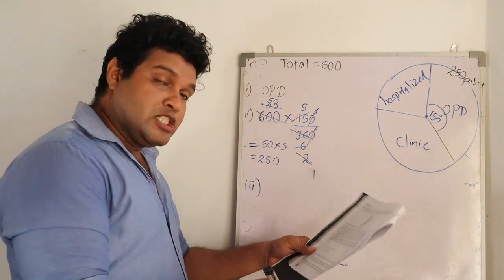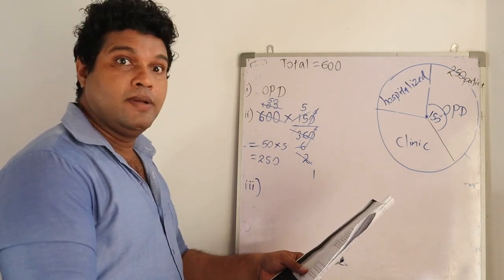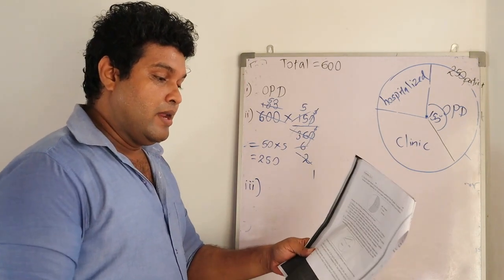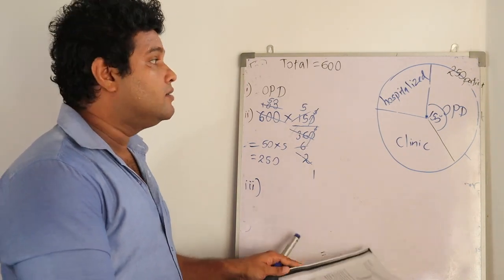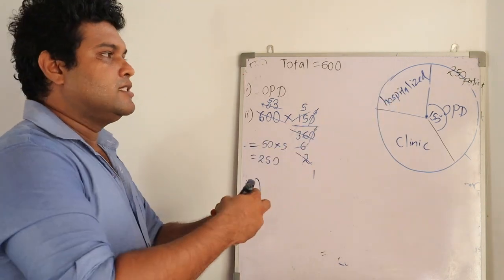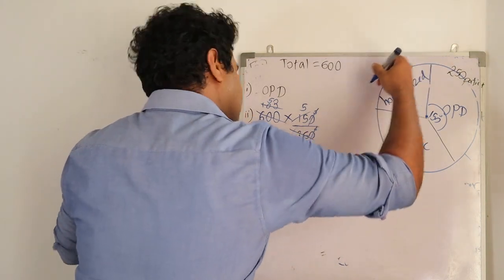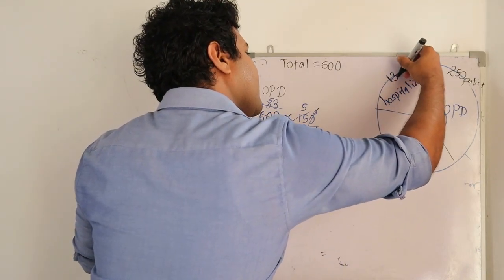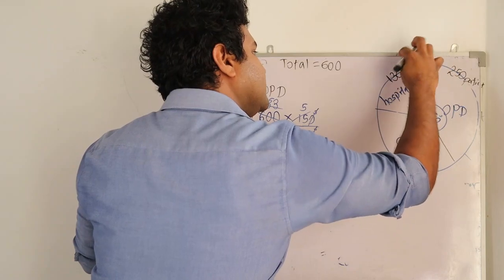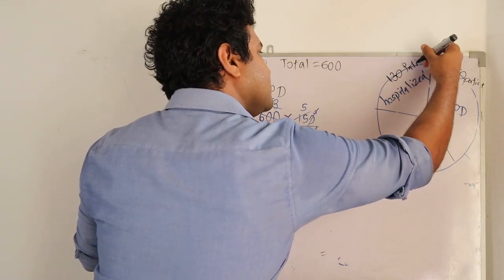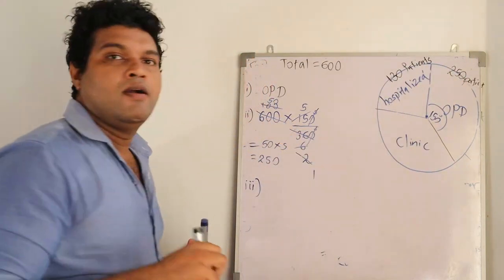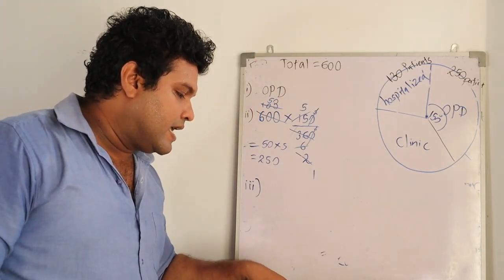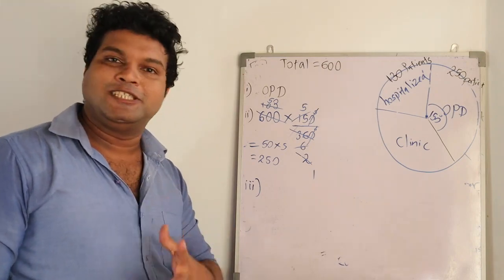This time they have given the number of patients who received treatment while being hospitalized, which is 130. This is the number of patients, 130 patients. Find the angle at the center of the sector which denotes these patients.